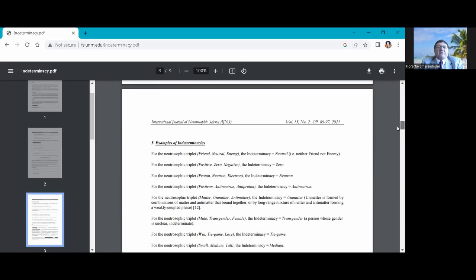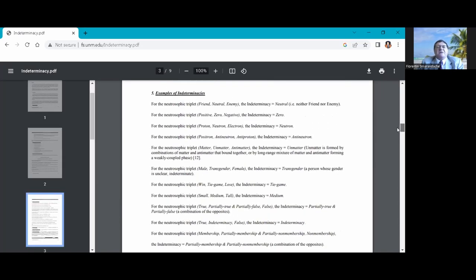So what I wanted to say is that neutrality has a big importance in our everyday life, and the neutrals may change or deviate to one side or the other side. Sometimes we're not very sure about the neutral, and then we call it indeterminacy, not sure if it's on one side or the other side.